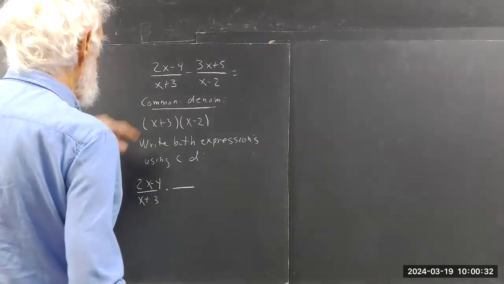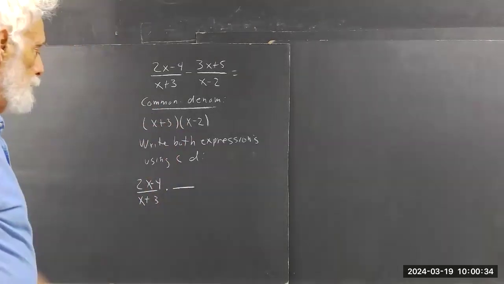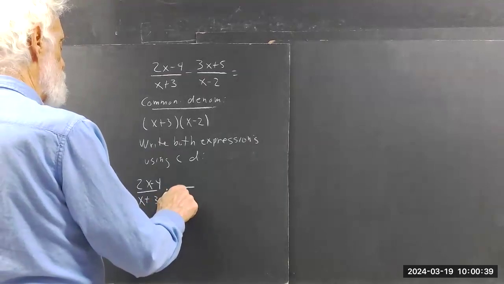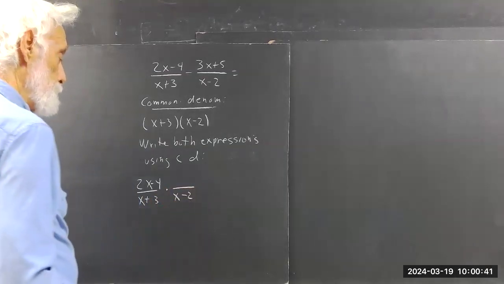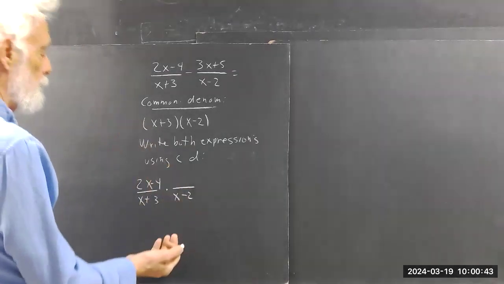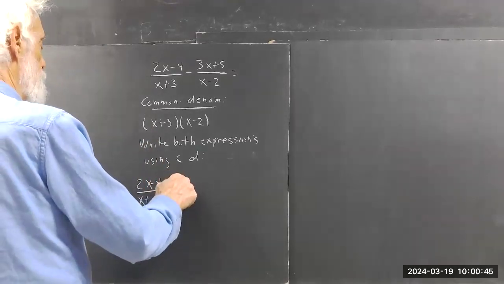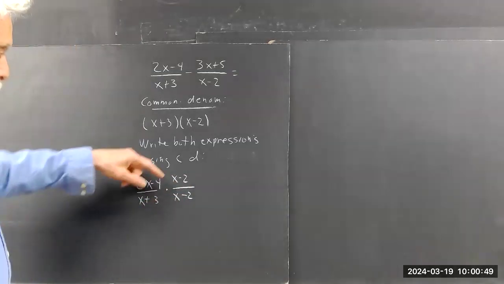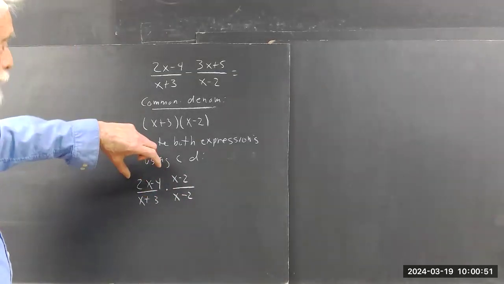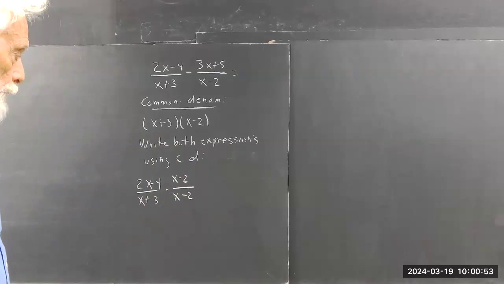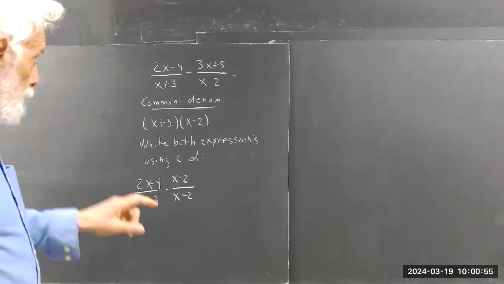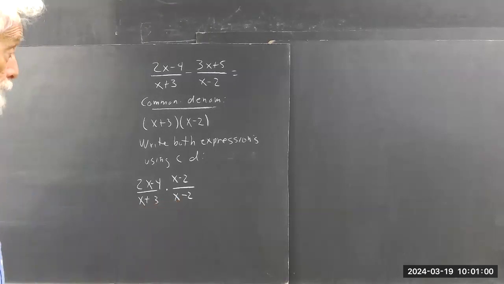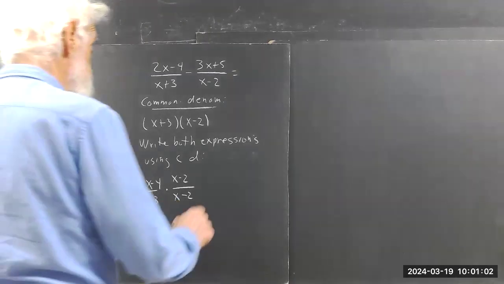And we have to get denominator x plus 3 times x minus 2, meaning we're going to have to multiply the denominator by x minus 2. Well, we can't just multiply the denominator by x minus 2. We have to also multiply the numerator by x minus 2, so that in fact we're just multiplying by 1. We're not changing the value of the fraction. Well, that's all it's going to take to get this term expressed in terms of the common denominator.